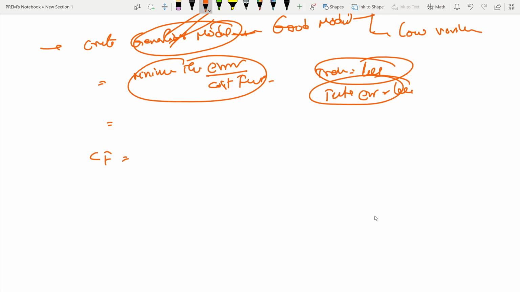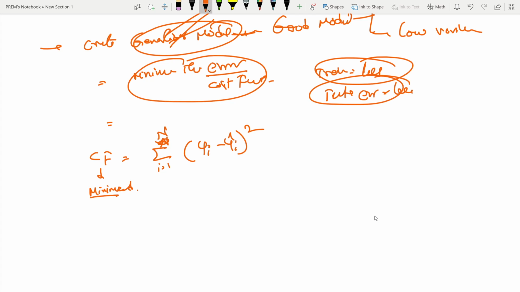This is the cost function. The objective function is called the cost function, and it has to be minimized.